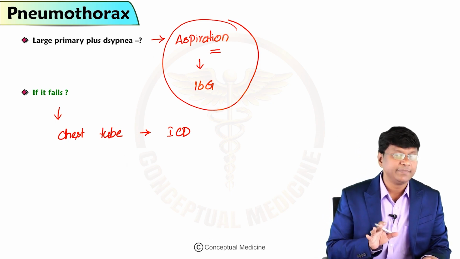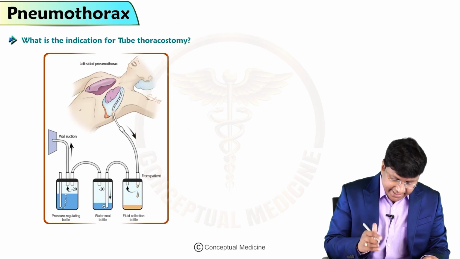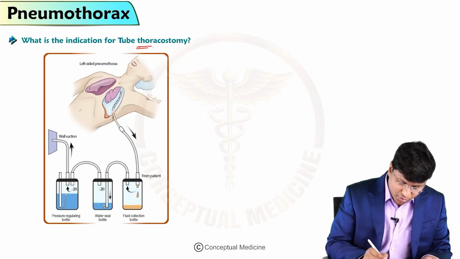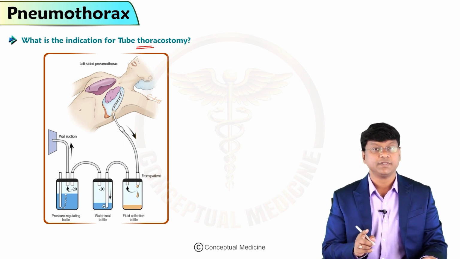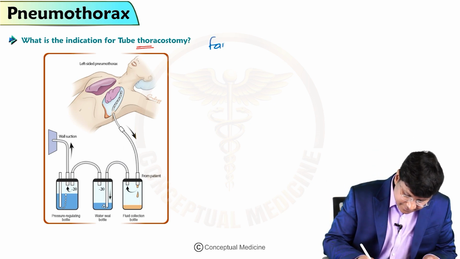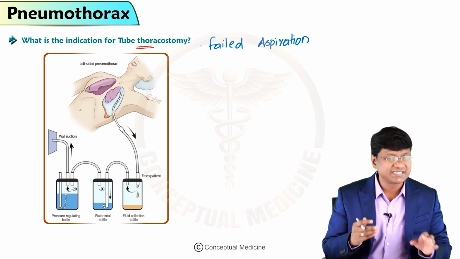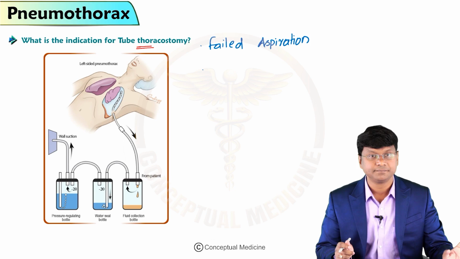Now, what will be the indications? Let me give you the complete indications for tube thoracostomy, that is your ICD placement. Suppose the individual has failed aspiration: you have put a wide bore needle and tried to aspirate the air, but the individual is still breathless, then you have to put the ICD.